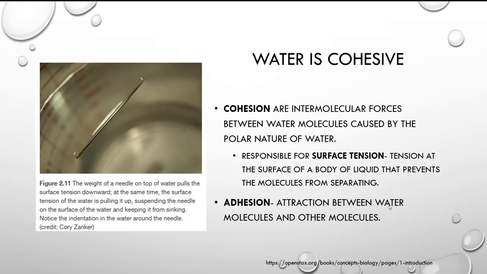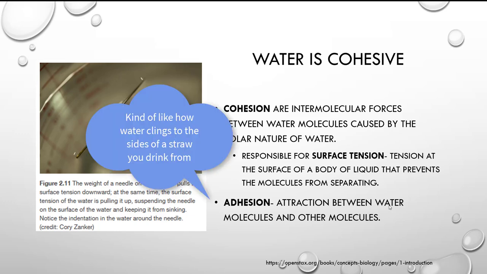So water has a tendency to cling to other things. It can cling to the sides of the vessels within the tree trunk called xylem. Xylem is kind of like a vein or an artery, a blood vessel inside you.